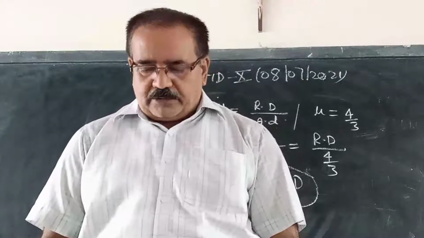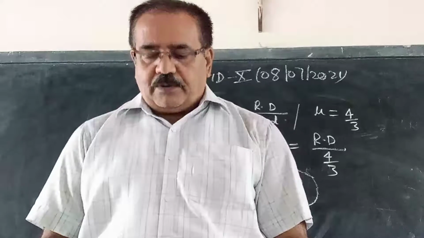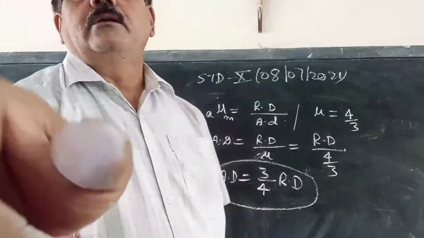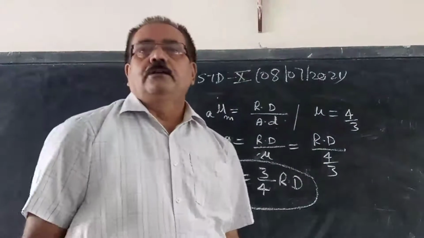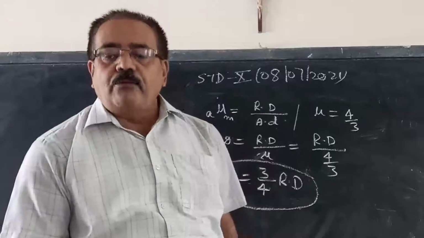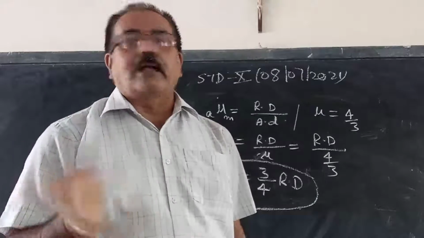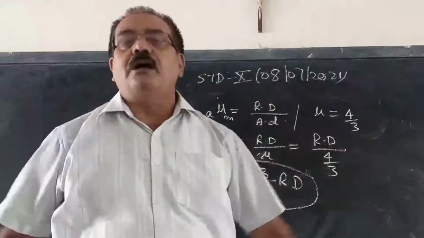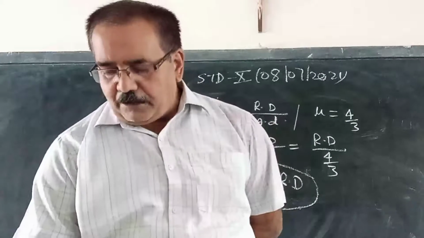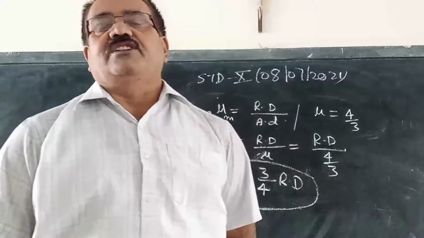Therefore the depth of the water pond appears 3/4 of its real depth on seeing it from air in a nearly vertical direction. So the pond's water has refractive index 4 by 3, and the apparent depth will be 3 by 4 of the real depth.